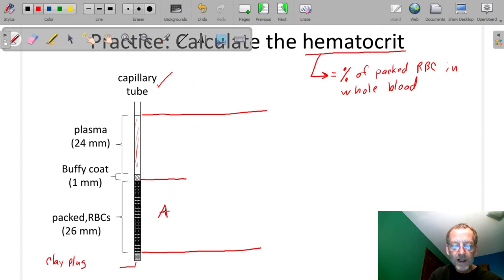And if you call the height of the red blood cells, you can measure this in millimeters. If you let that be A, I don't know, let's say 26 millimeters. And then you measure this distance. We call that B.